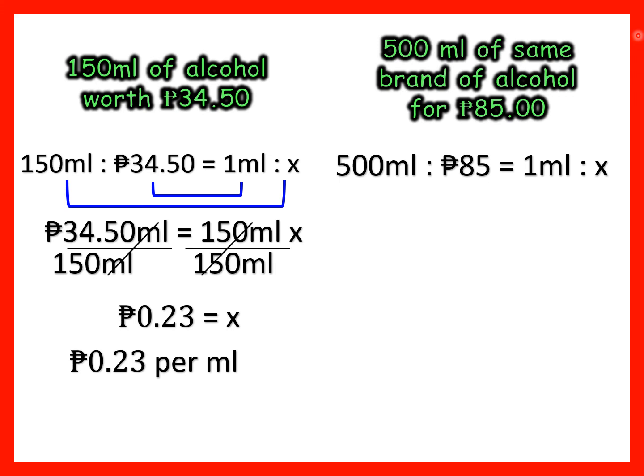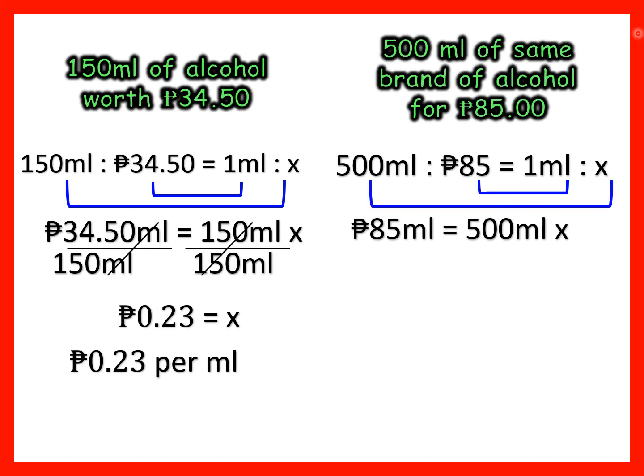Again, in solving this proportion, we will get the product of the means: 85 pesos multiplied by 1 ml, that's 85 pesos and the unit ml. And then the product of the extremes is 500 ml multiplied by x, it's 500 ml x. To find x, we will divide both sides by 500 ml. 500 ml divided by 500 ml is 1, and we can cancel that, and ml divided by ml, we can also cancel that.